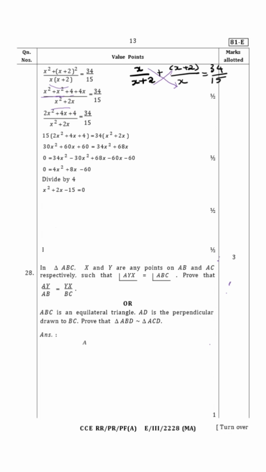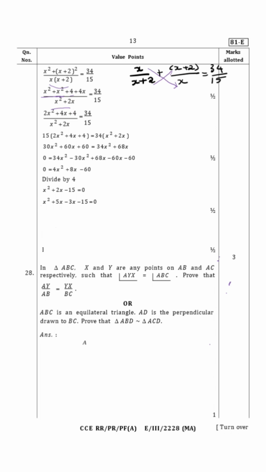Now let us factorize it. 15 is 5 times 3, plus 5 minus 3. x square plus 5x minus 3x minus 15 is equal to 0. Now group x square plus 5x in one group, and another group minus 3x minus 15 is equal to 0.